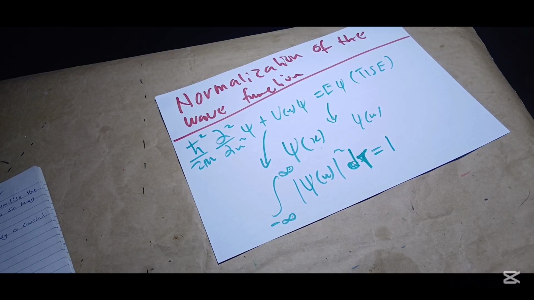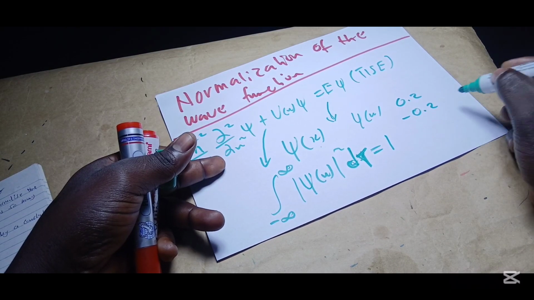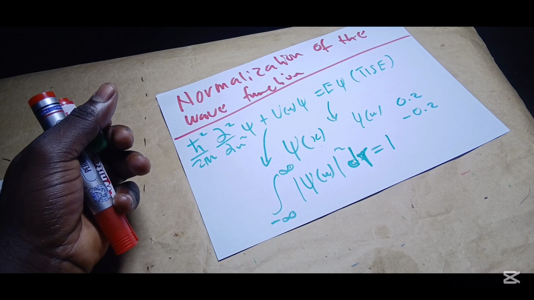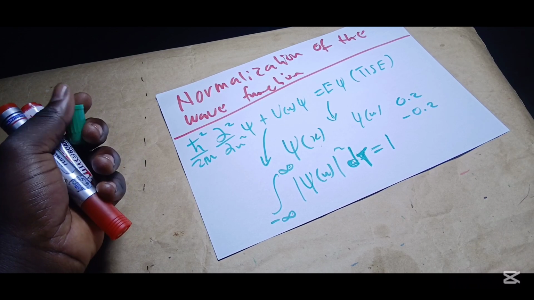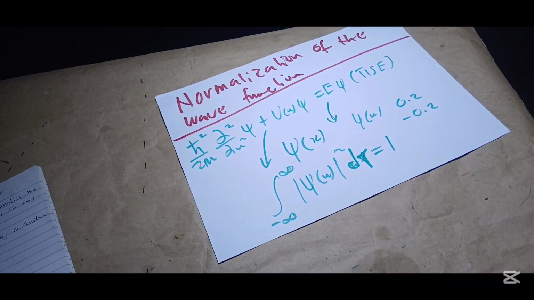It shouldn't be 0.2, which is 20%, or minus 0.2, because it is difficult to define probability in terms of negative values. It doesn't make sense.